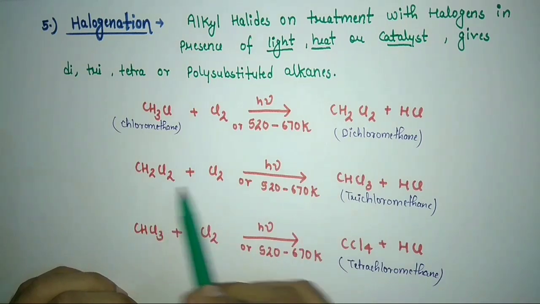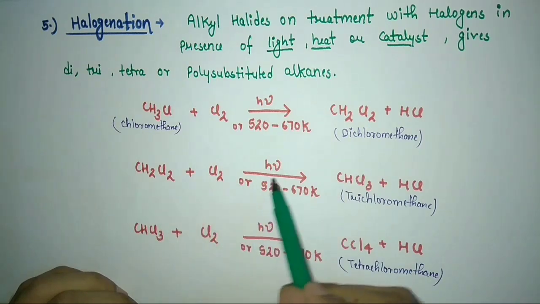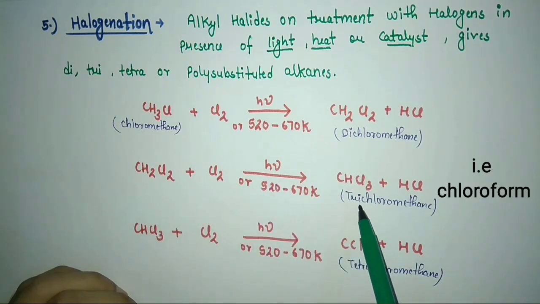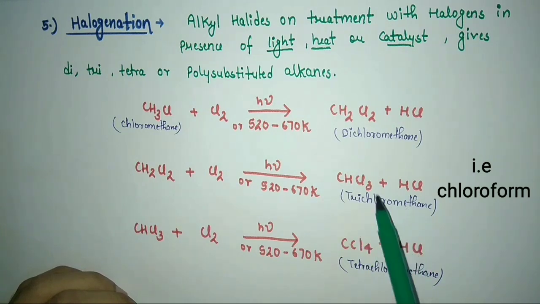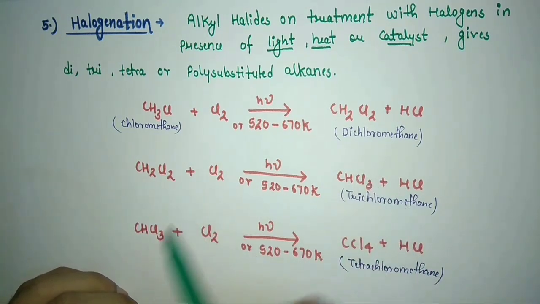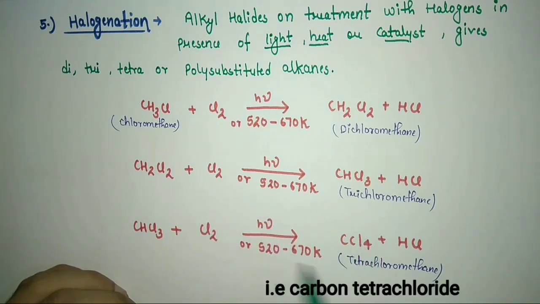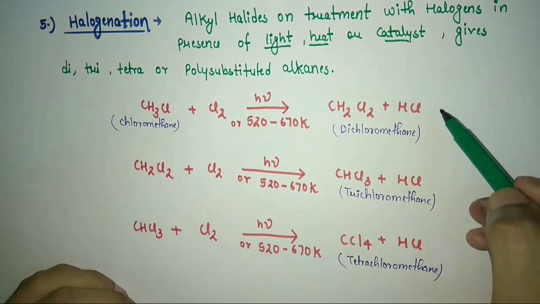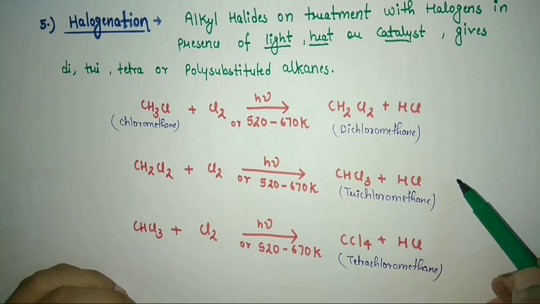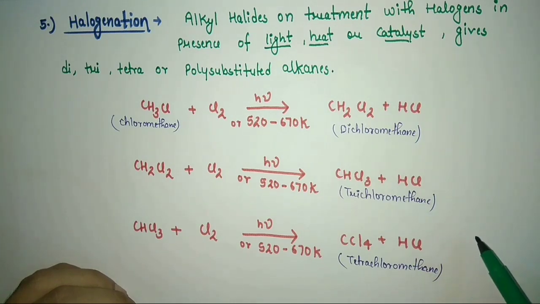If dichloromethane further reacts with Cl2 in the presence of sunlight, it will form trichloromethane. And if trichloromethane further reacts with Cl2 in the presence of sunlight, it will form tetrachloromethane. So it is di-substituted, tri-substituted, and tetra-substituted. This is the halogenation of haloalkanes.